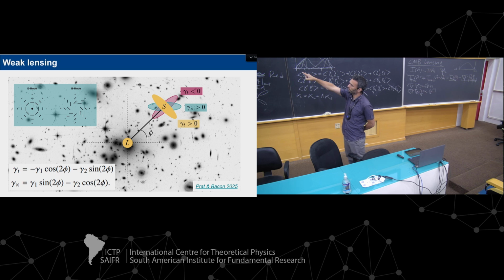If you correlate gamma cross with the positions of galaxies, that should be proportional to the correlation of the B mode lensing with the density field, for example. So that should also be 0. So that's how you can have some diagnostics to see if you have a B mode component in your lensing field, which for lensing it should be exactly 0. Yeah. Thanks a lot.